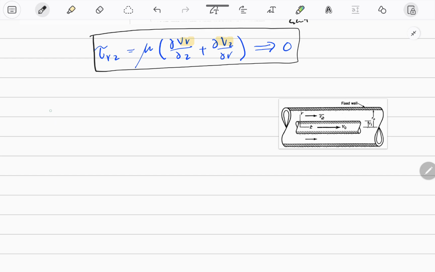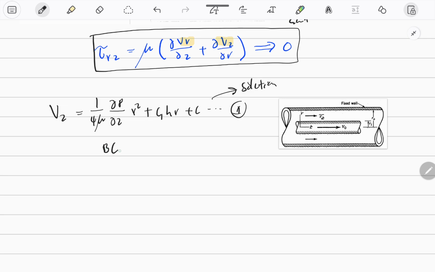We said Vz is equal to 1 over 4 mu dp dz r squared plus C1 ln r plus C2. Let me call this equation 1. You can derive this solution by cancelling terms in the Navier-Stokes equations, but it would make the video long, and it's already long enough. After that, we apply boundary conditions.